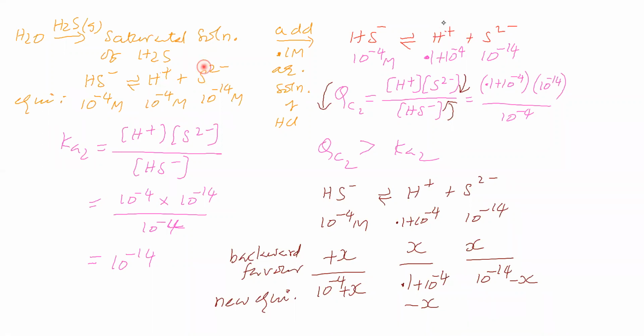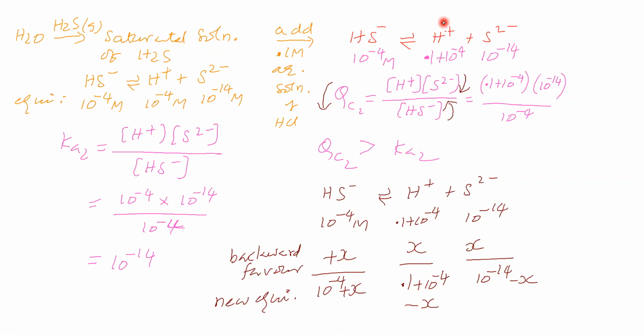At equilibrium, each ion has a certain concentration. On adding a common ion into the equilibrium, the equilibrium is getting disturbed, so here backward is favored. After some time, a new equilibrium is attained. It is the equilibrium concentration of sulfide. It is lower than this value.